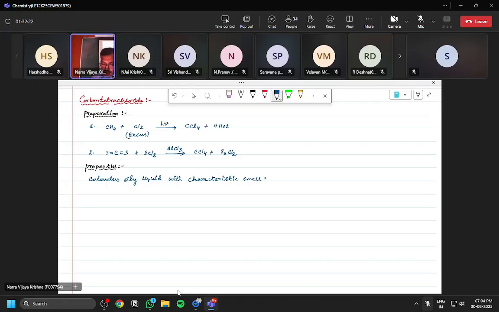Used as an organic solvent. It is heavier than water. Insoluble in water, but soluble in organic solvents such as ether.